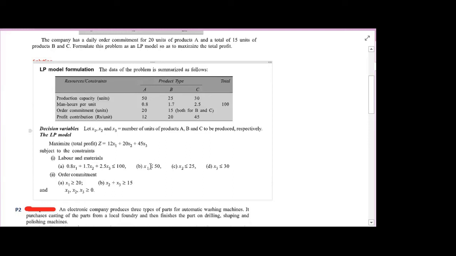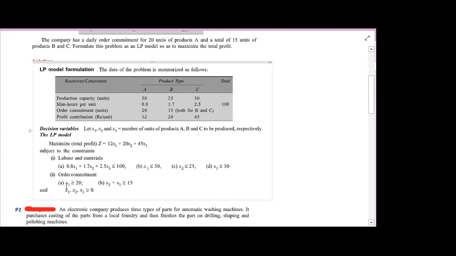And the other constraints are x1 should be less than or equal to 50, x2 should be less than or equal to 25, and x3 should be less than or equal to 30. This is the production capacity. We cannot produce anything beyond our capacity, right? And there are some other constraints on order commitment.